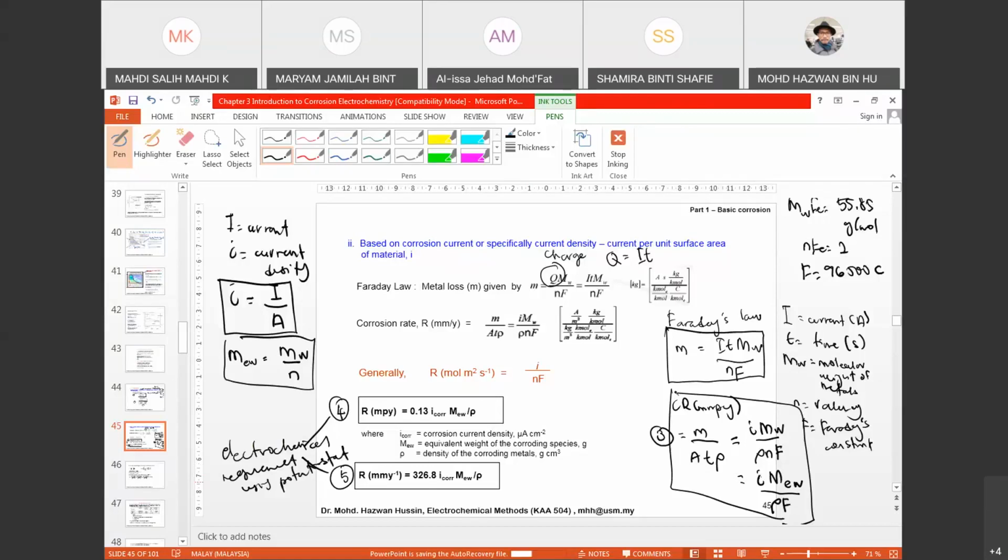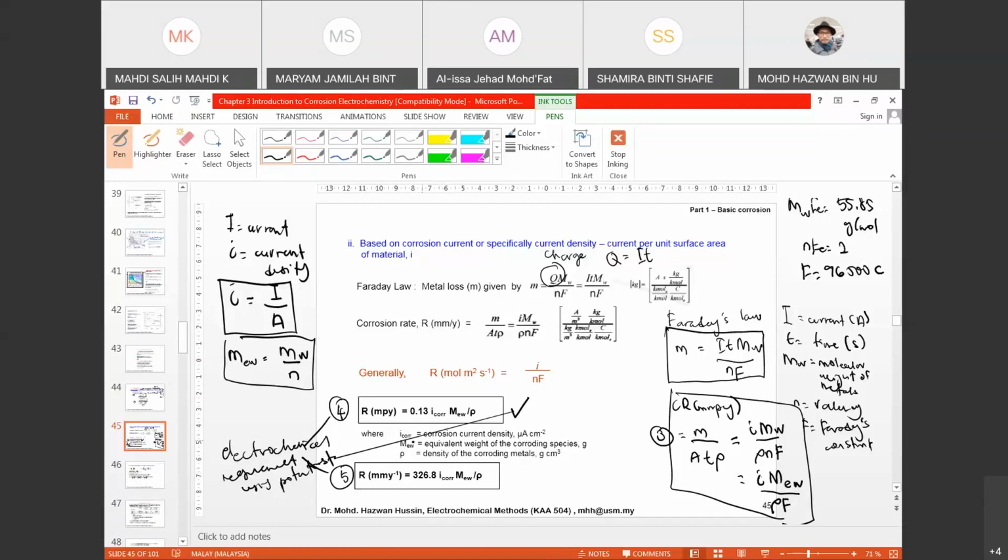Because in equations number 1, 2, and 3, you calculate the corrosion rate based on the weight loss method, where the corrosion occurs naturally, not an accelerated process. For an accelerated process, like using a potentiostat, you will use this formula. Normally, we use this one, number 4.